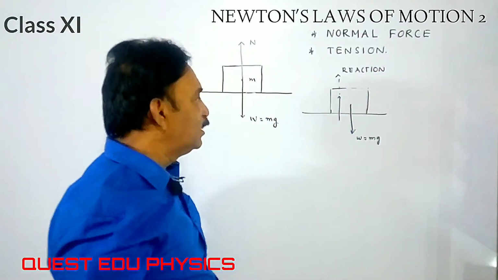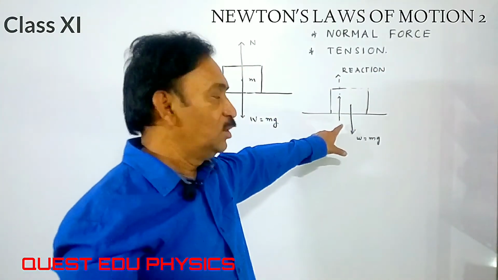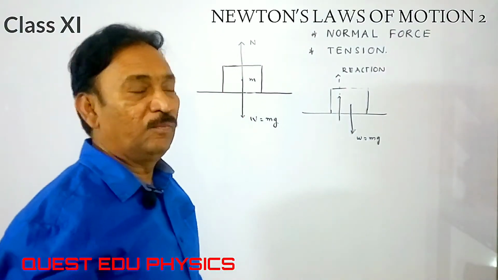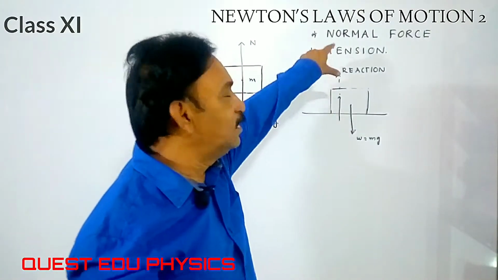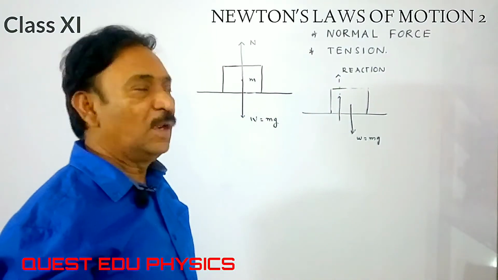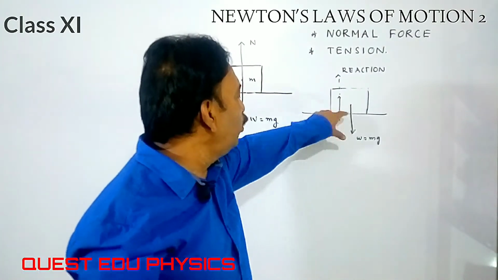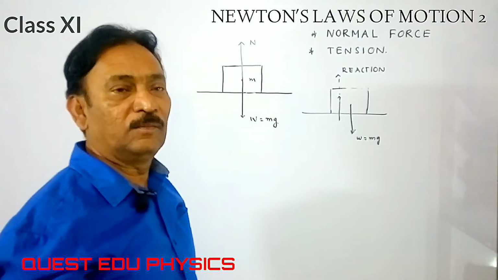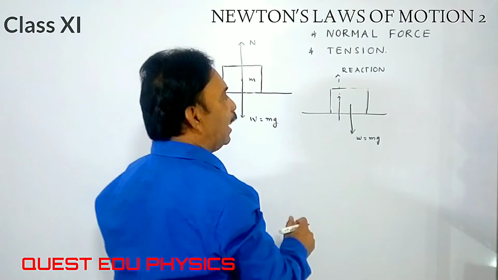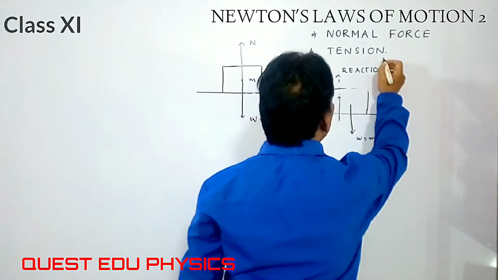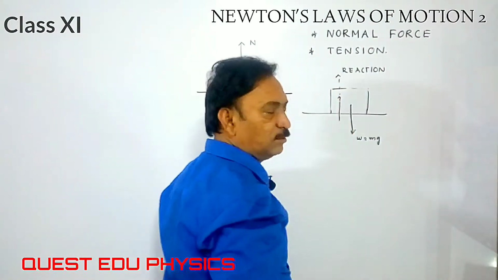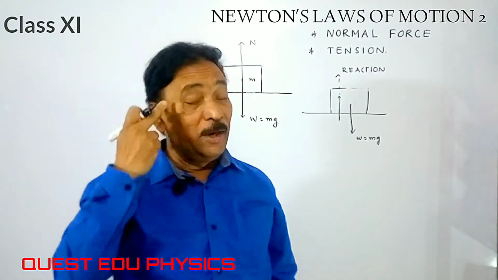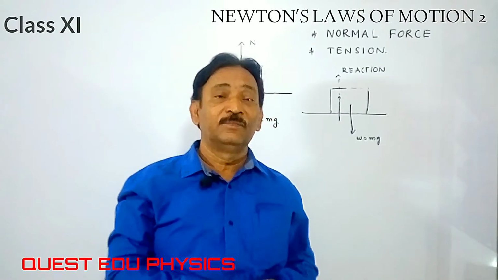If you watch carefully, the reaction force is in the opposite direction to the weight of the body. This is the action and this is the reaction, and the two are acting on two different bodies: the surface and the body. We call the reaction the normal force or normal reaction. Normal force can also be called normal reaction.